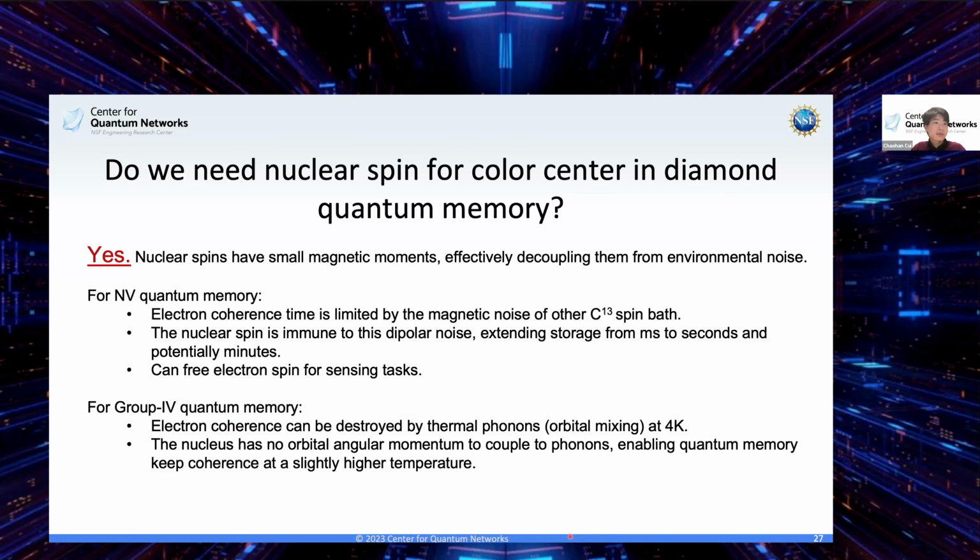So you free up your electron spin and you also have your nucleus more tolerant to thermal photons. So then your quantum memories can go to milliseconds level to seconds level coherence time.